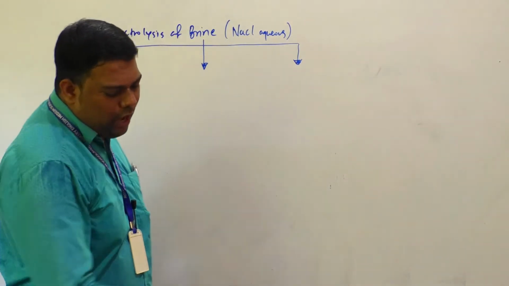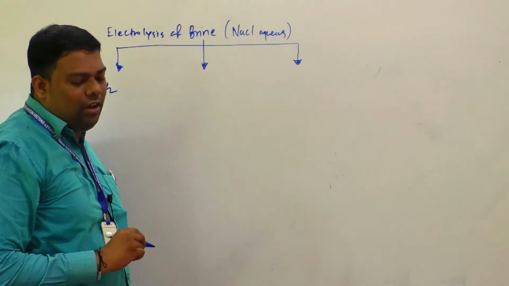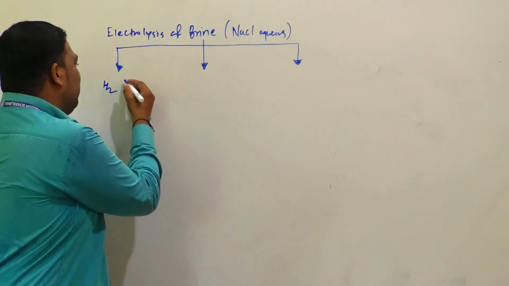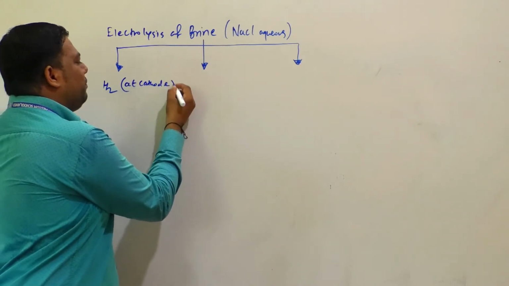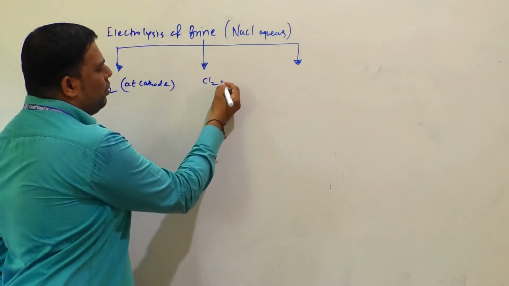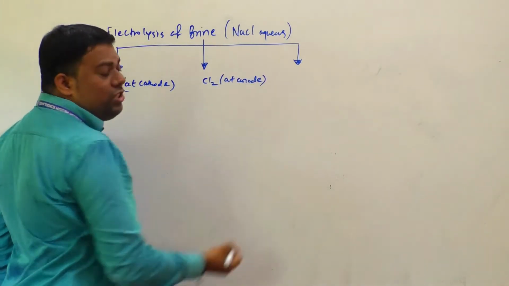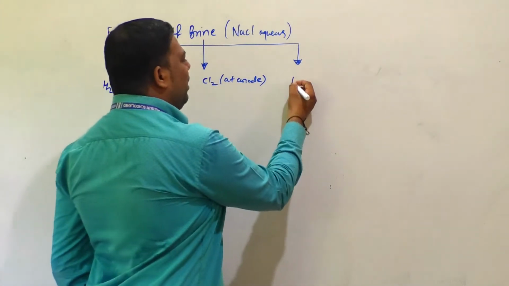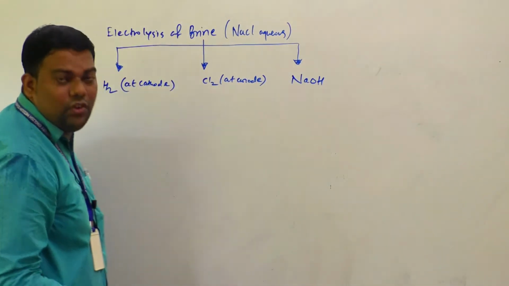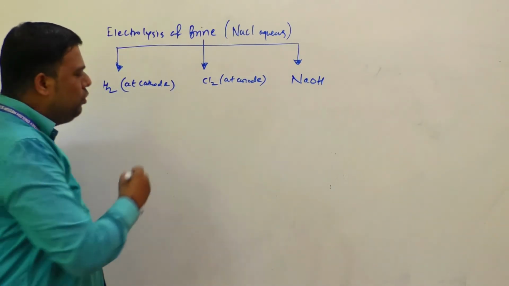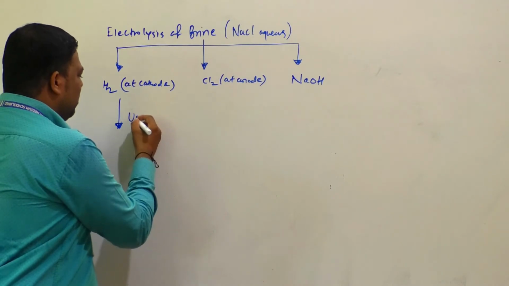As you know, beta, here H2, where will it occur? H2 at the cathode. Then, beta, Cl2 where? At the anode, positively charged. And NaOH, what will you get? NaOH aqueous. If you are considering uses of this, how can we write uses?